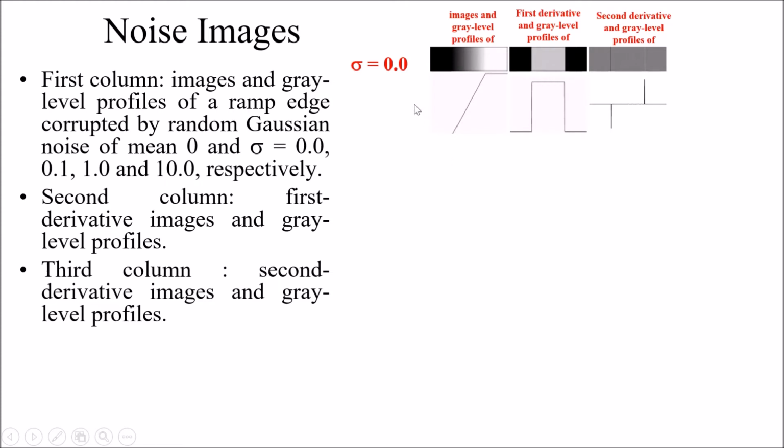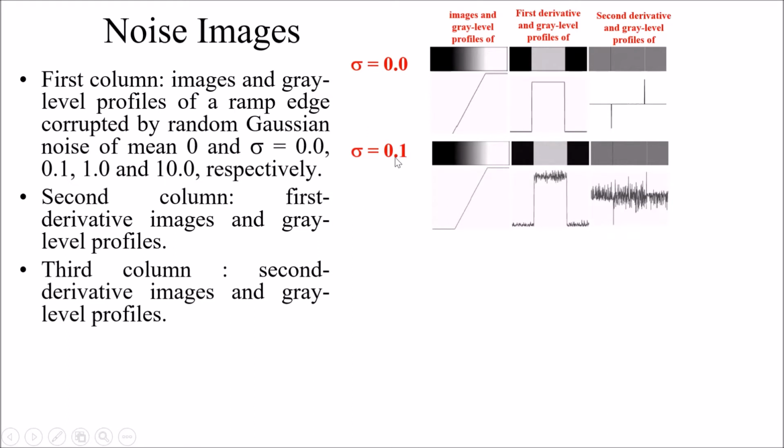The next part is that if we increase the amount of noise, let's say in this case 0.1, you can see there is no significant difference in terms of the ramp profile. However, for the first derivative, you have a very cluttered generated profile. And for the second order, it's quite a bit worse in comparison with the first derivative.